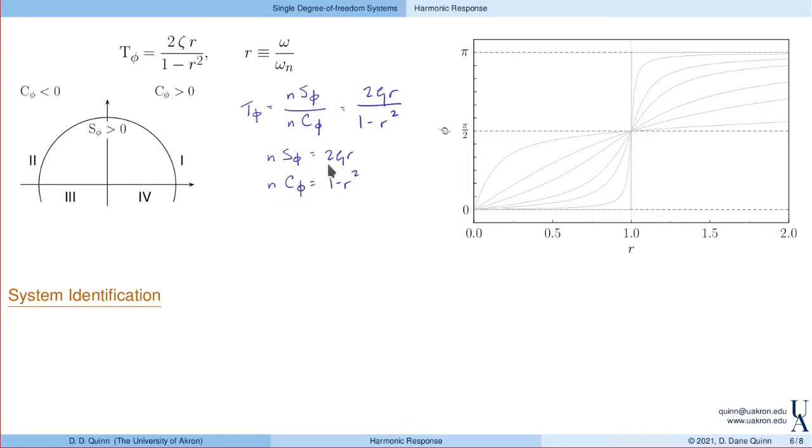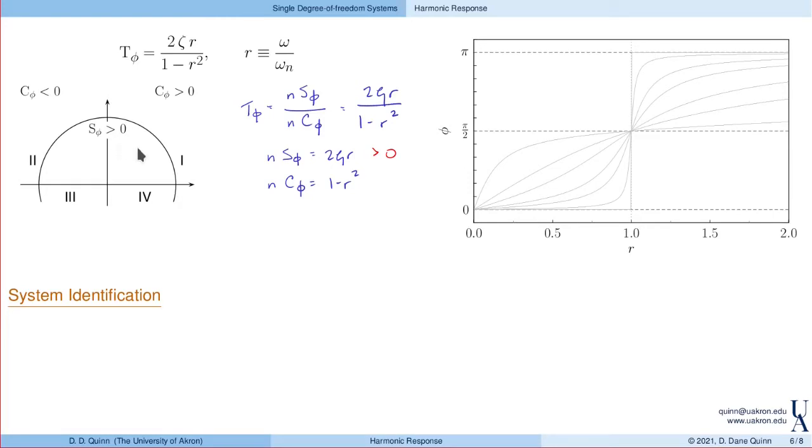What's important here is are these quantities positive or negative? Well, assuming that damping is positive, natural frequency is positive, frequency positive, all that kind of stuff, then clearly this quantity is greater than 0, which means that sine has to be greater than 0. Our phase shift is either in the first or the second quadrant. Those are the locations where the sign of phi is positive.